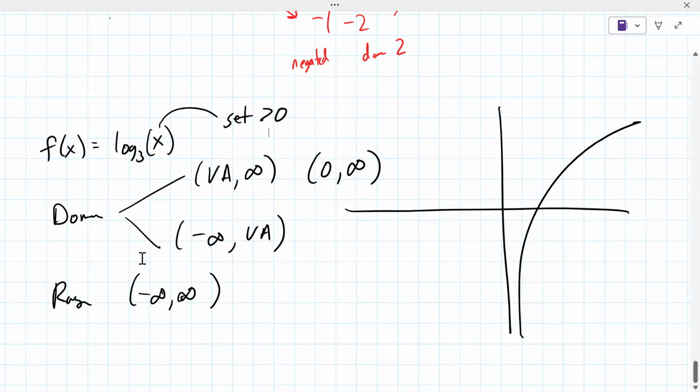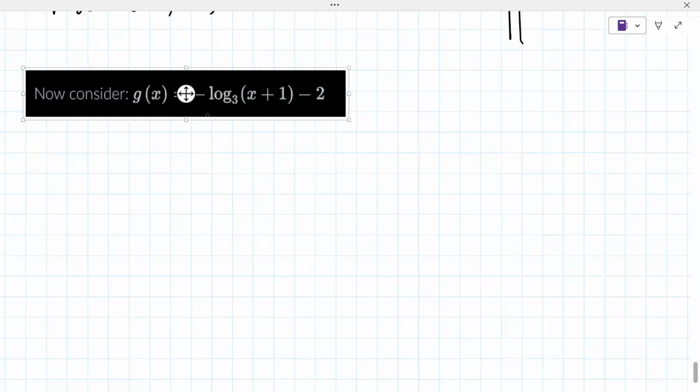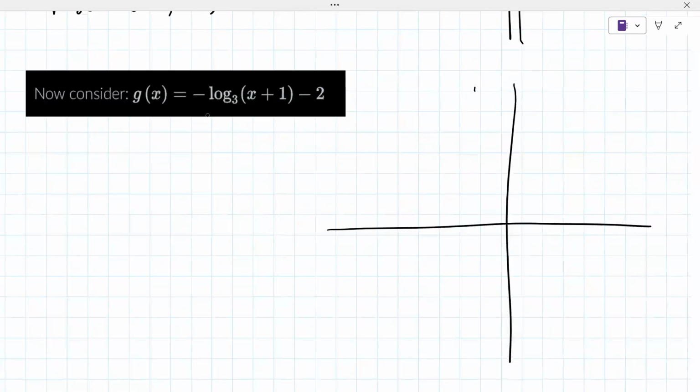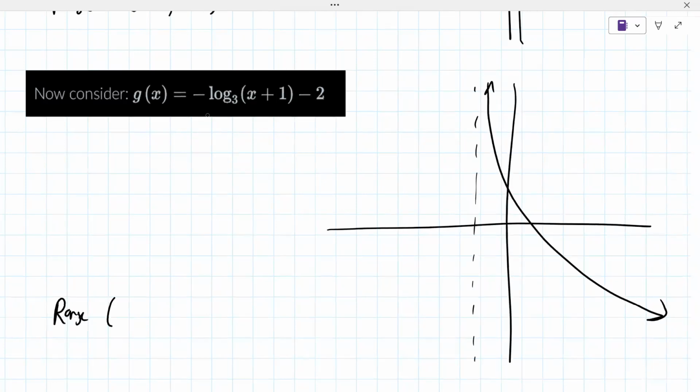And then the one that we transformed, let's snip in here. A graph always helps. A picture's worth 1,000 words. It's left 1 here, and then it's flipped down 2, but really all that does is it makes it look like that. So the range is still minus infinity to infinity. The domain, though, it's moved left.